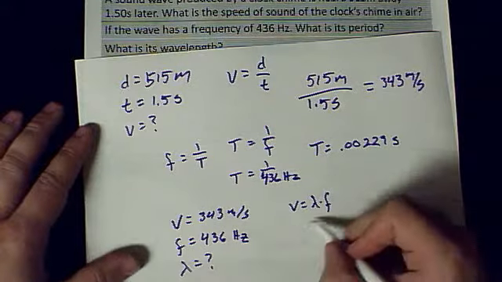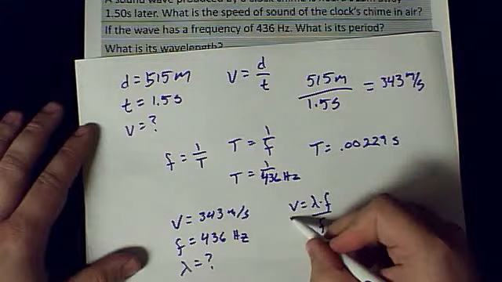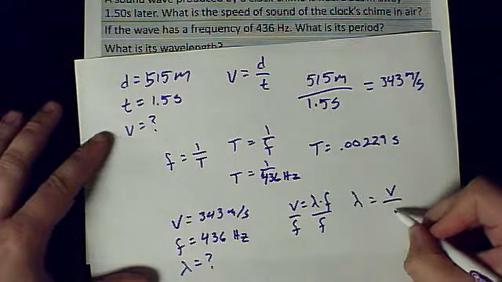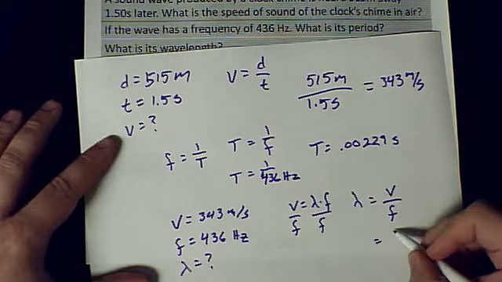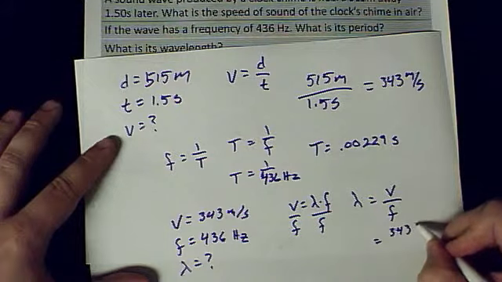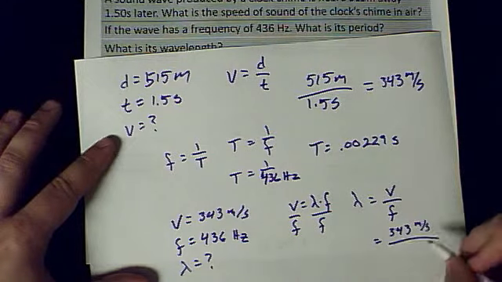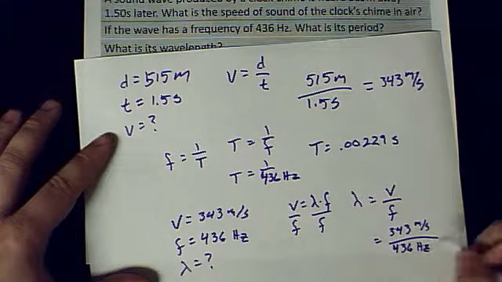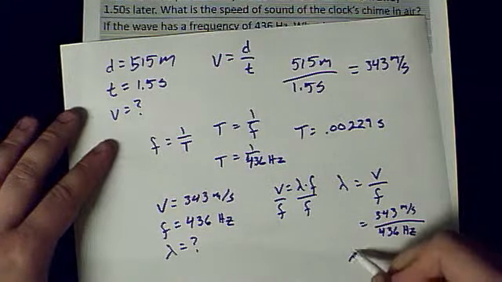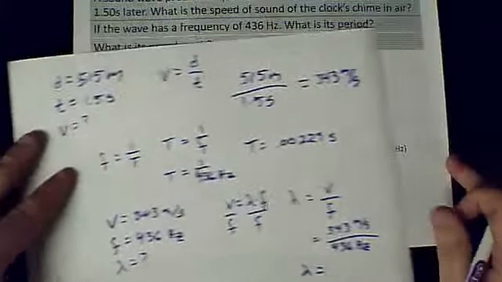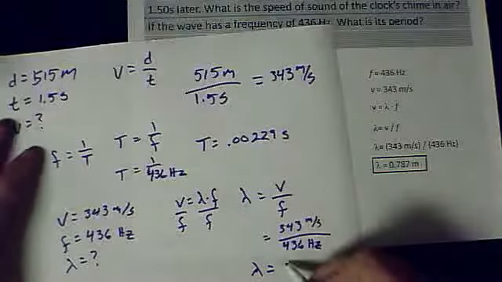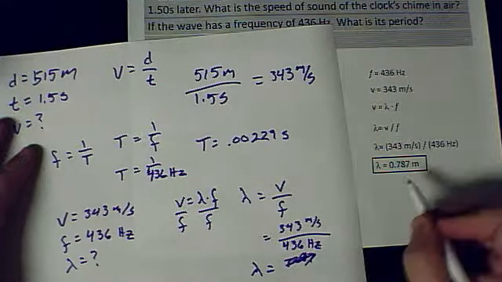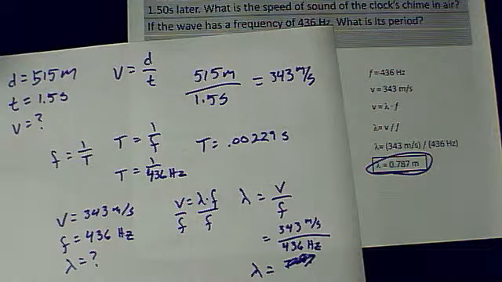So to solve for lambda, I divide both sides by f. So my lambda equals my velocity divided by my frequency. So 343 meters per second divided by 436 hertz gives me a wavelength of 0.787 meters.